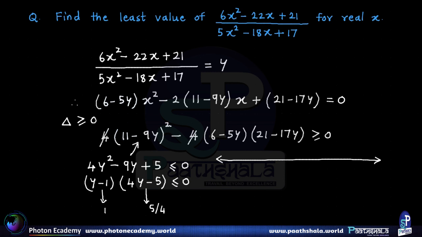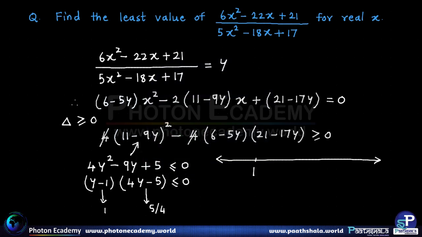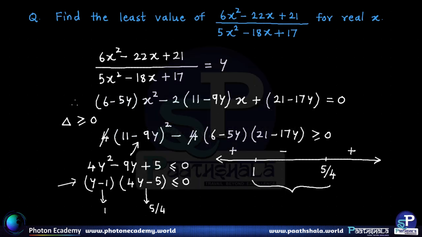As we know, 1 is less than 5 by 4, we must show 1 on the left side and 5 by 4 on the right side, and then mark the intervals with plus, minus and plus. We want the expression to be negative, so therefore we must consider this particular interval.